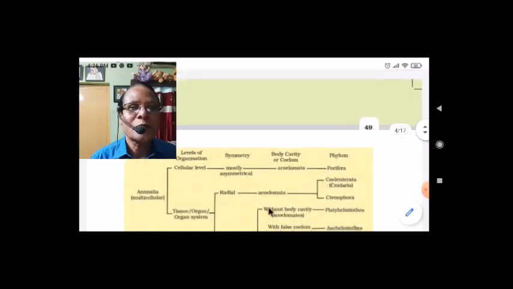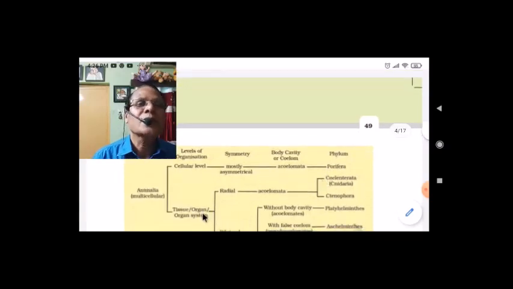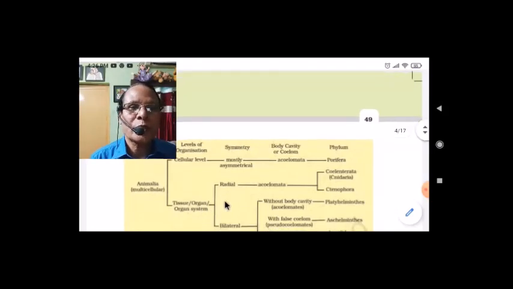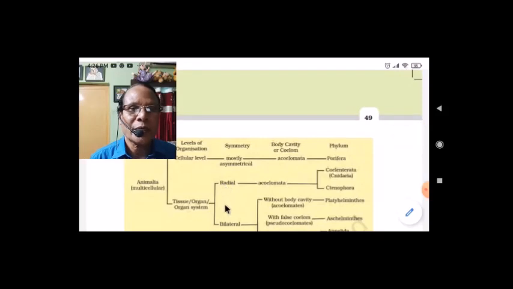The second category is called the tissue level or organ system level. Under this one, based on the symmetry, we have two types: one radial, another one bilateral symmetry. Now if you are taking the radially symmetrical animals, the group is called Radiata, also called by another name, Diploblastica, because they have a two-layered body wall.